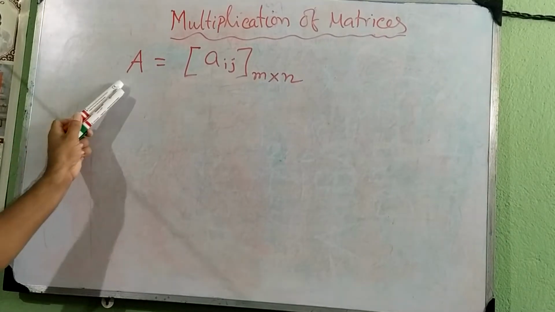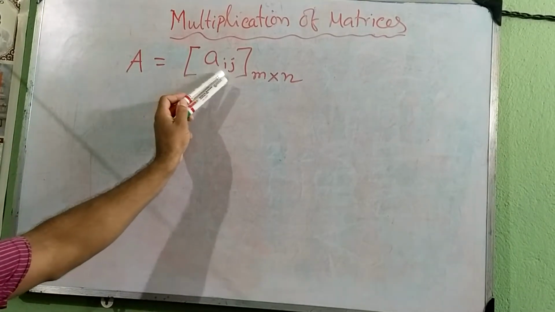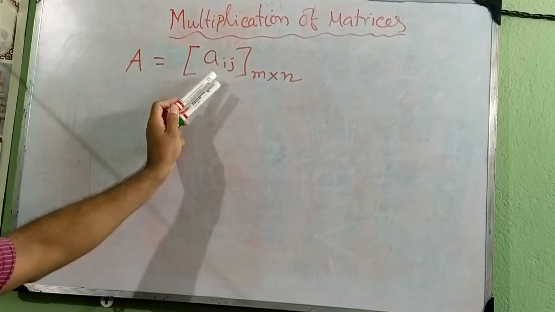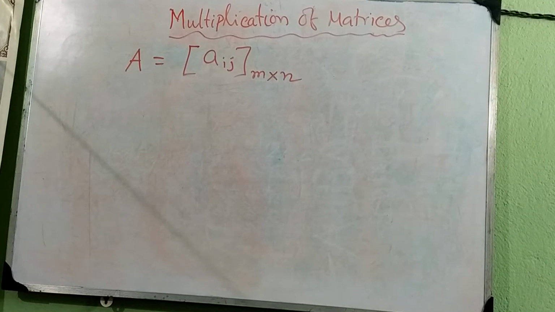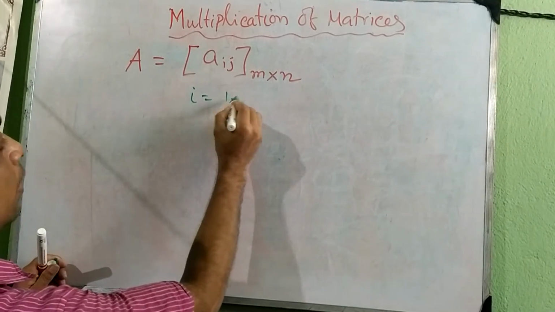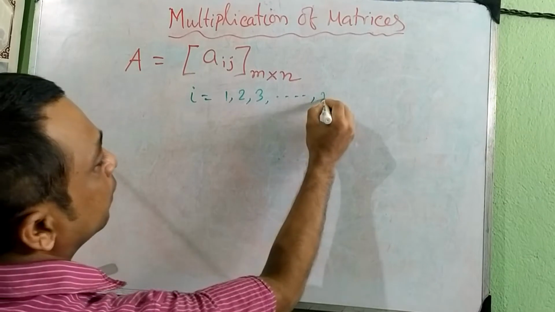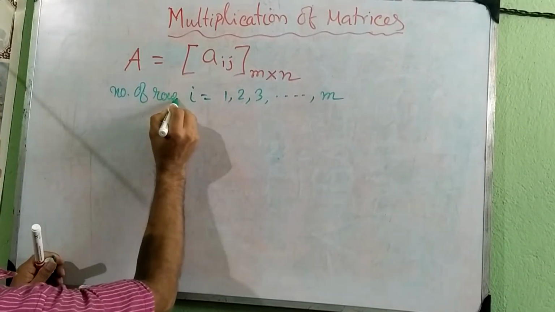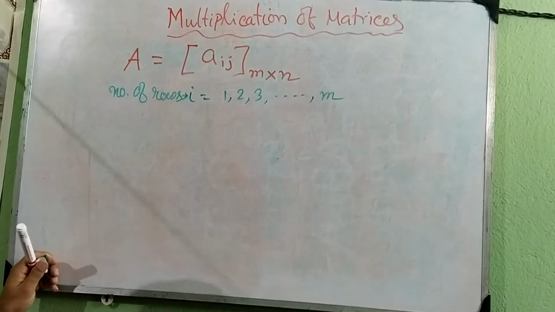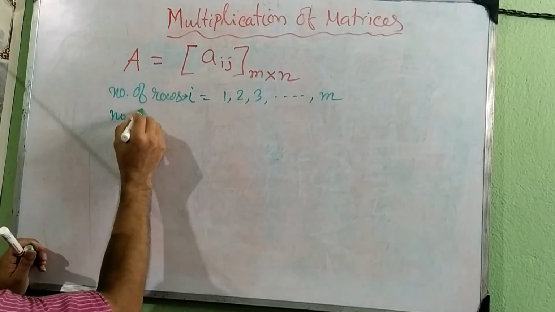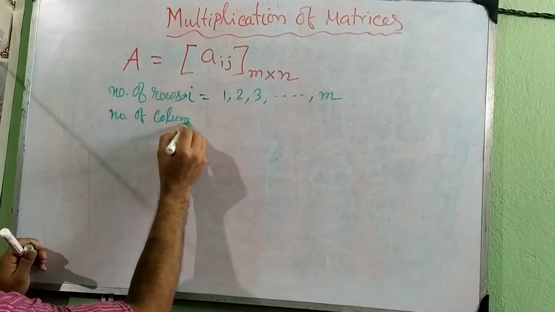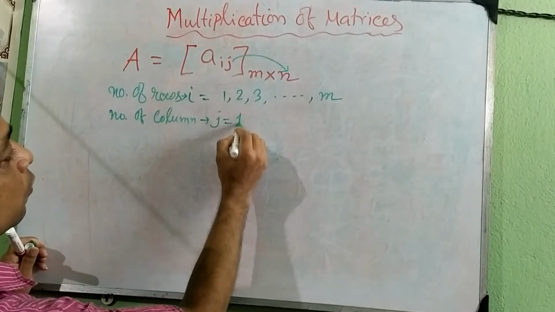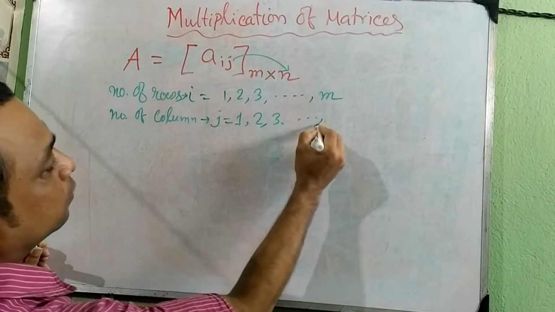So you can see I considered a matrix A equal to Aij, where the order of this matrix is m by n. Aij, so i will be 1, 2, 3 like this up to m. This is the number of rows, and the number of columns will be j, where j is equal to 1, 2, 3 to n.